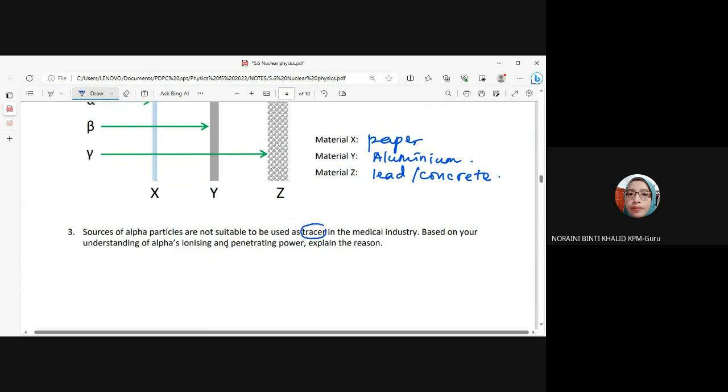Okay, number 3, sources of alpha particle not suitable to be used as tracer in medical industry. Faham tak maksud tracer tu apa? Pengesan, tracer. Based on your understanding of alpha's ionizing and penetrating power, explain the reason. Kenapa alpha tak boleh guna? Tracer biasa kita guna ialah gamma. Contoh dalam bidang medical, dia guna untuk trace cancer cell ataupun blood clots pun boleh.